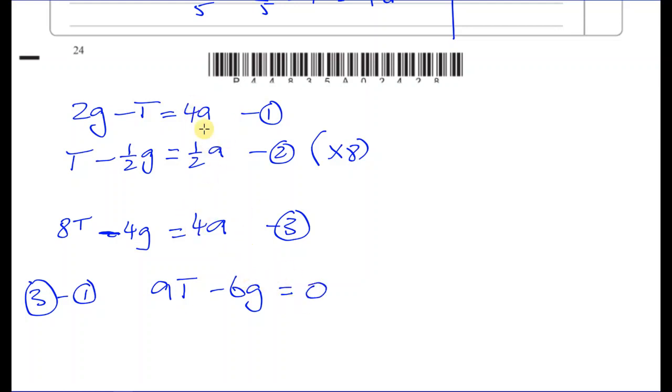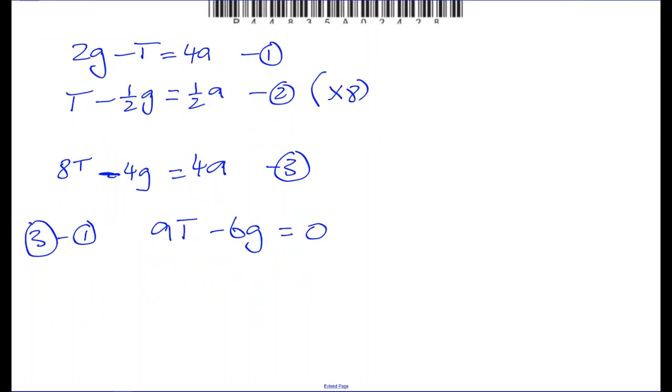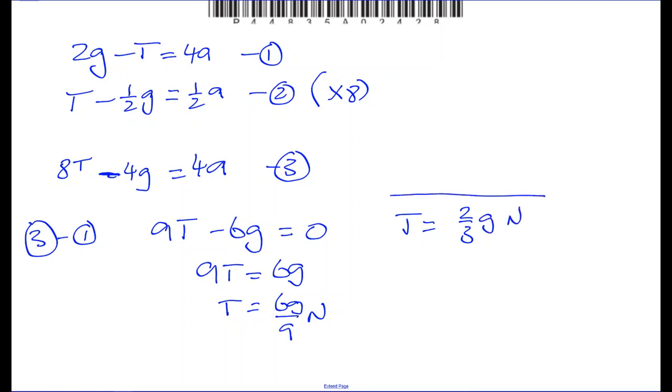We wanted to eliminate the a's. So we've got 9 times T is equal to 6g. So T is going to be 6g over 9 newtons, which you simplify by dividing by 3 to 2/3 times g newtons. And that's the value of T.